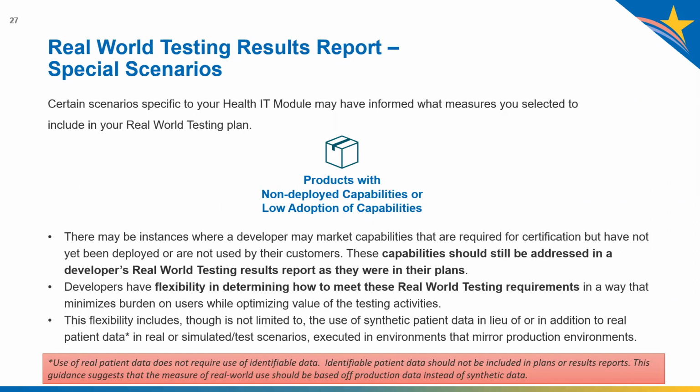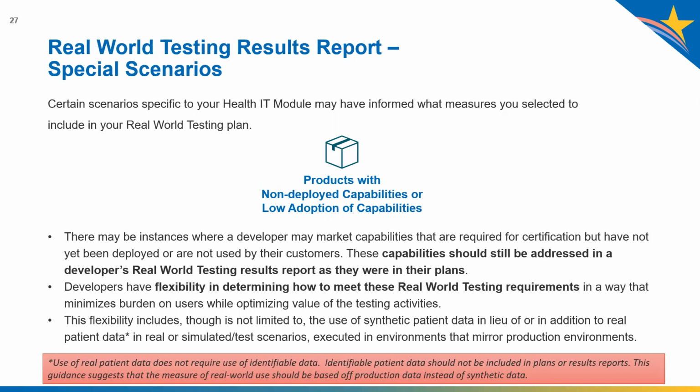In previous webinars and resources, we have stressed that developers' flexibility in determining how to meet these requirements, in a way that minimizes burdens on the users but also optimizes value of the testing activities, is totally up to you.